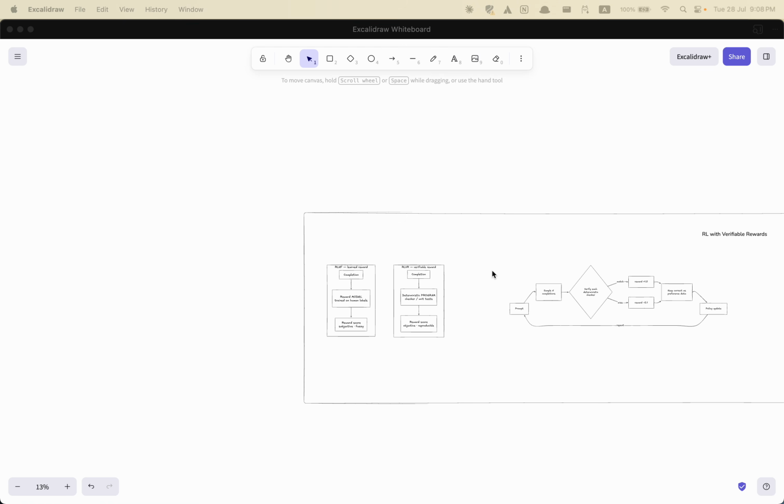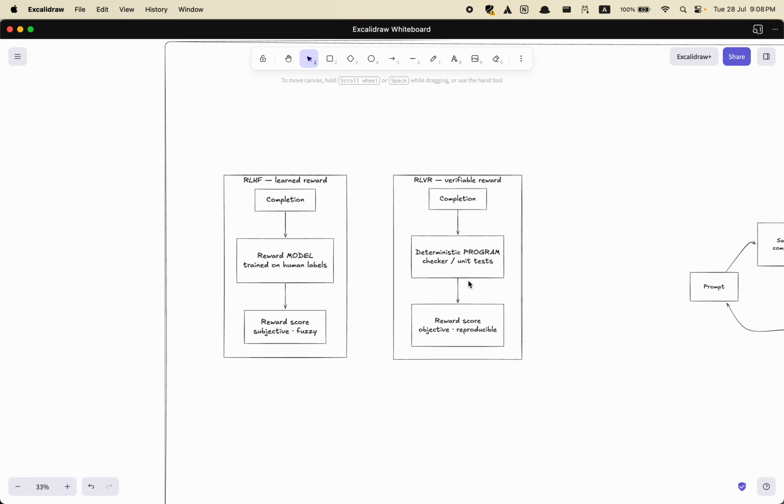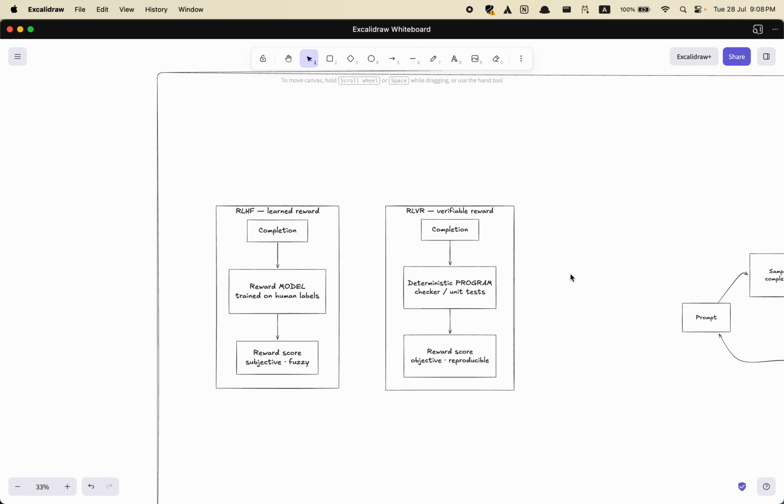So kicking off, to fully understand reinforcement learning and the kinds of reward models that people have used, there are two core ones. That's reinforcement learning with verifiable rewards, RLVR, and then there's reinforcement learning with human feedback, which is where you have a learned reward model that's trained on human preferences, and it sits in the loop of the training.